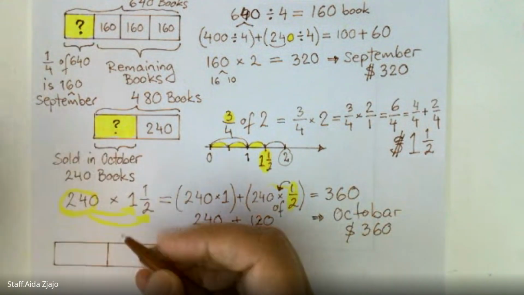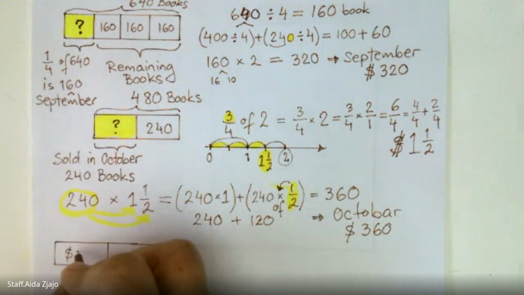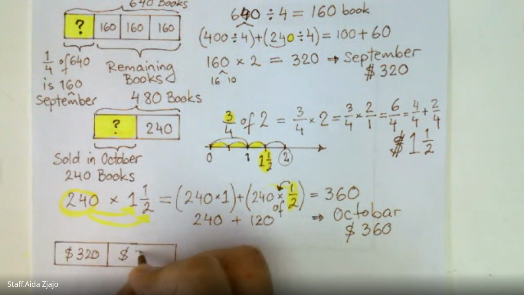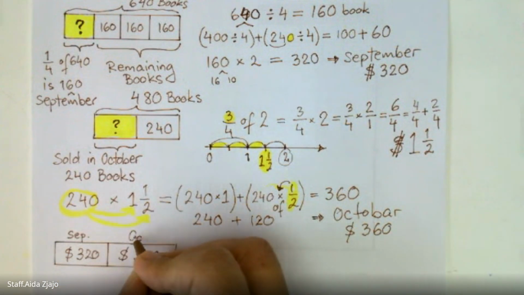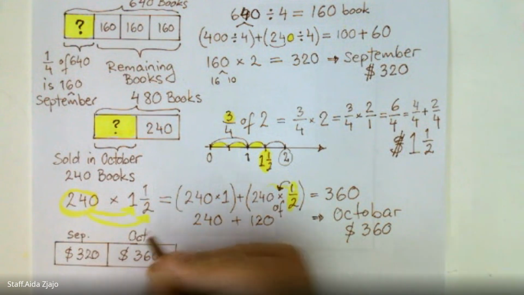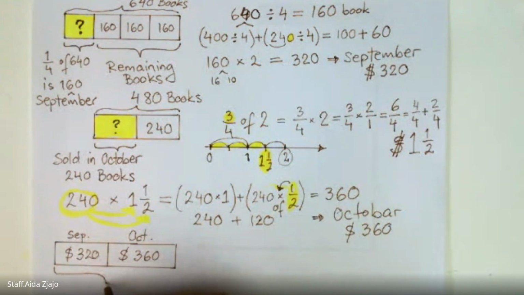So 320 plus 360. September, October, and the total money earned. Total money is $680.